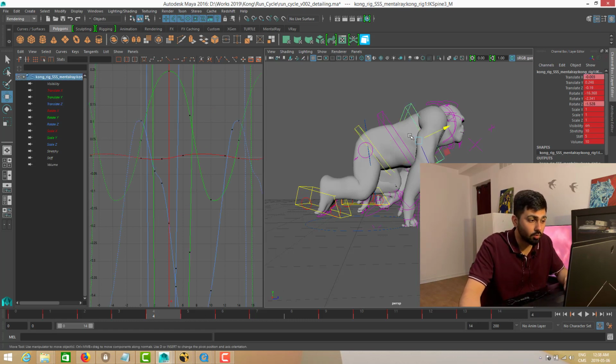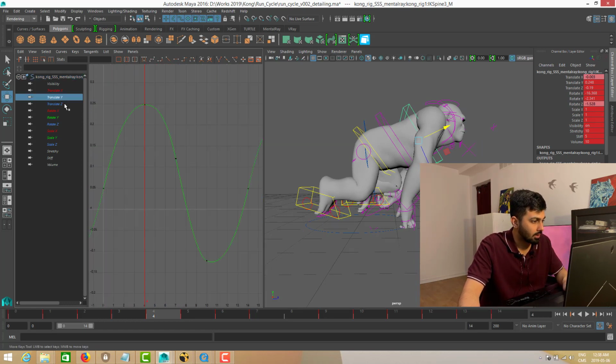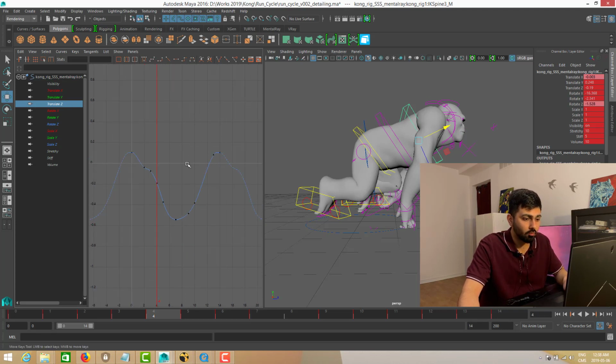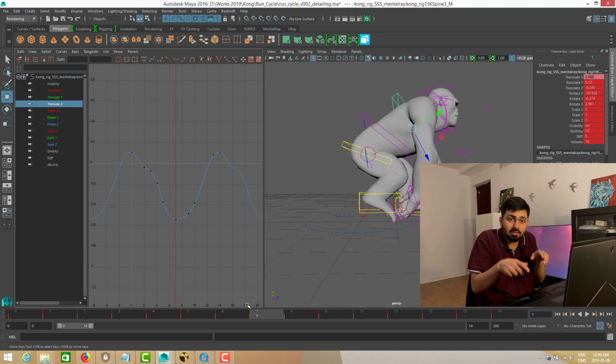Now let's look at the front body. In the front body, the up and down is Z. So what could be the highest position of the front body? The highest position here is frame 7, because the gorilla is completely squashed.